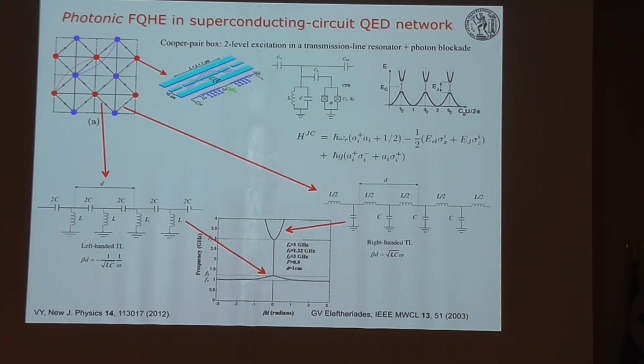And this way we can have negative phases and somehow realize the Haldane lattice with these complex hoppings.